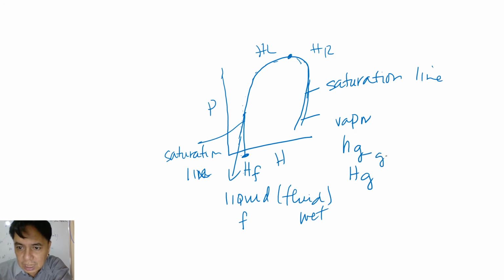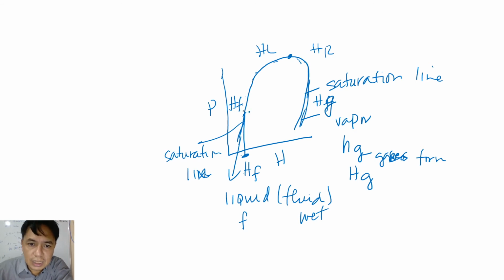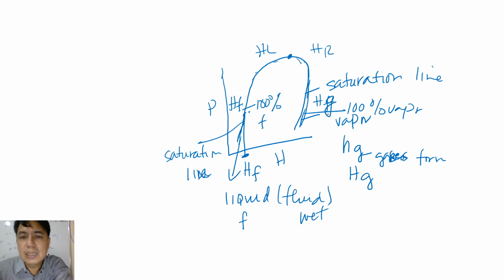What is G? Gas, the gaseous form or vapor. So this is fluid and this is vapor. If this one is the enthalpy HF, this one is HG. This is 100% fluid, and this is 100% vapor. That's why it is called saturated.